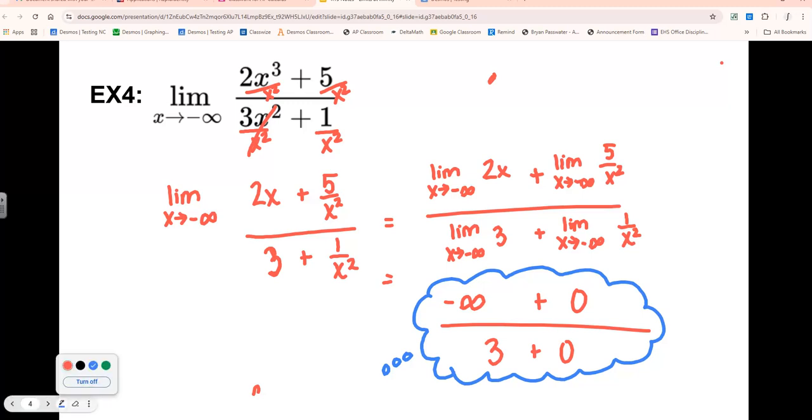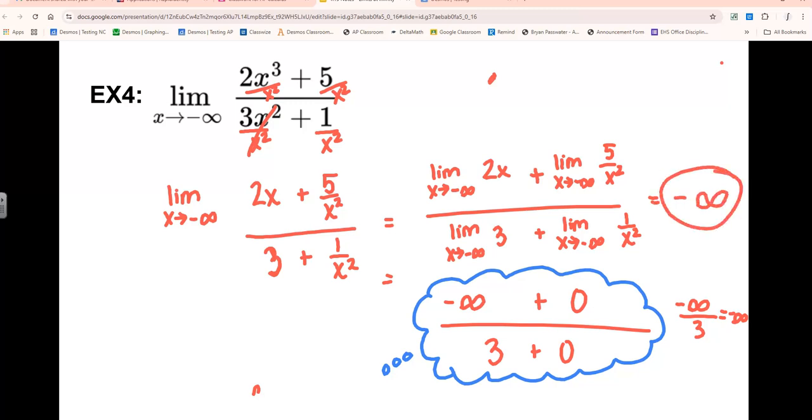But if we're thinking about this, if I have negative infinity plus 0, what does it give me? Negative infinity. And then if I take that negative infinity and divide it by 3, it's still negative infinity. So our answer for this would be negative infinity.